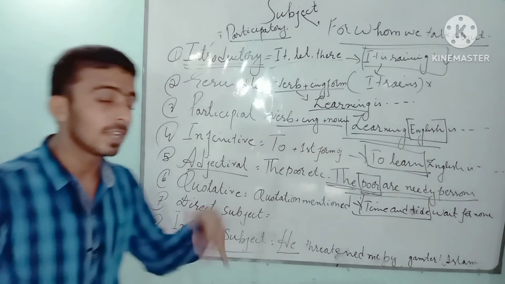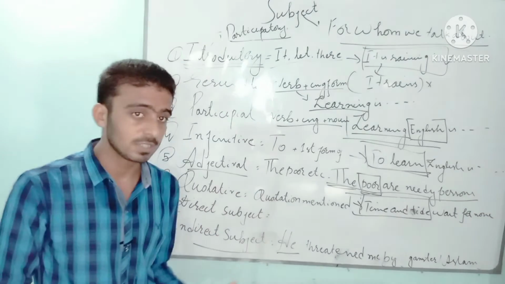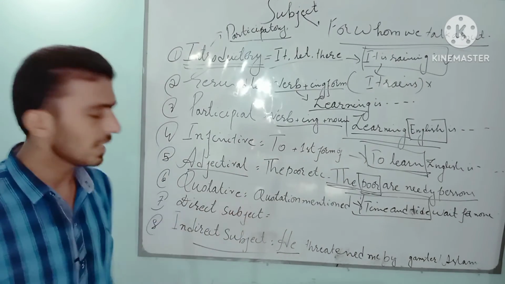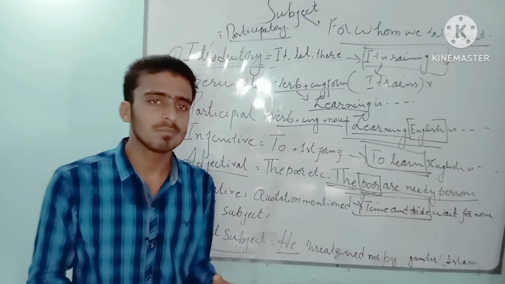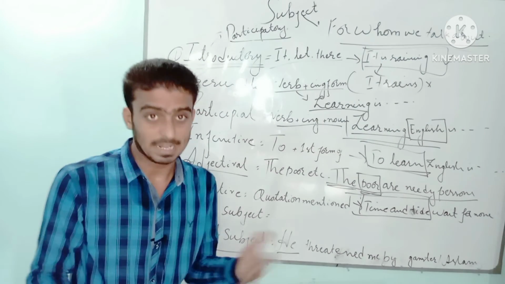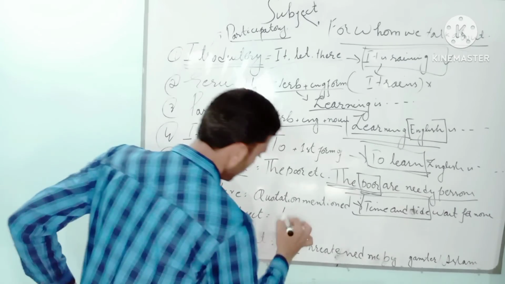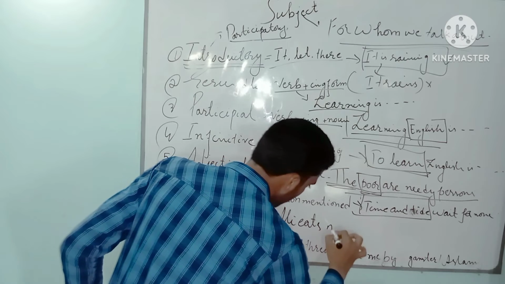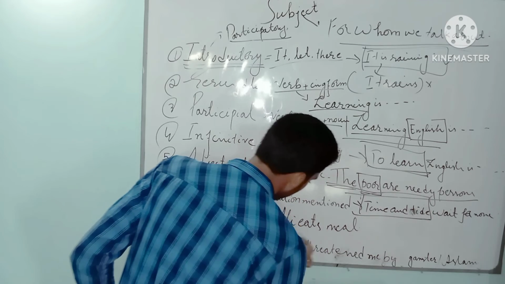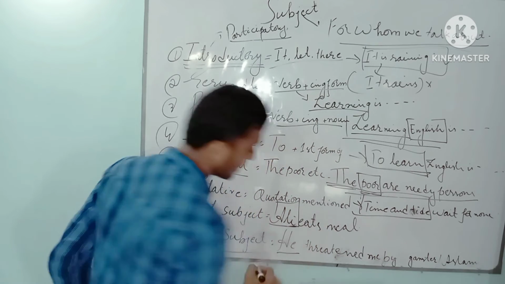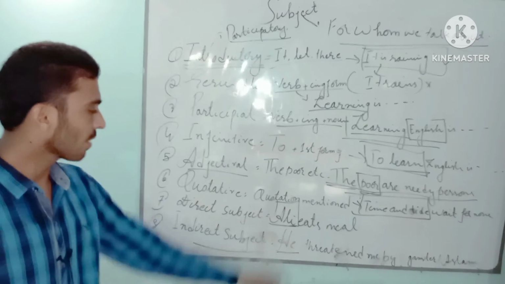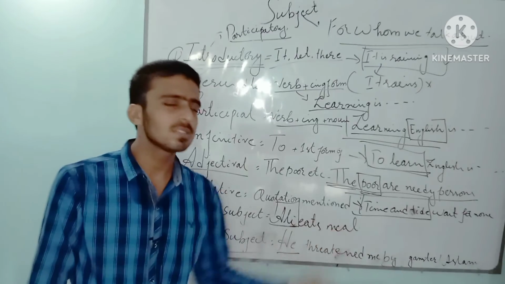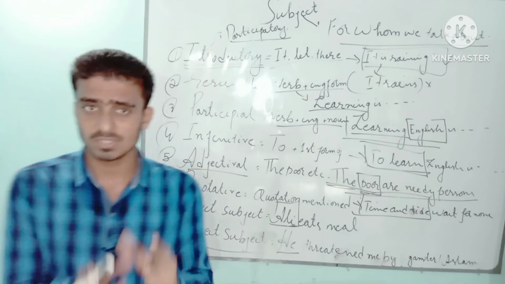And after that, what are the direct subject and the indirect subject? You might have learned about the indirect object and direct object, but here we are using the direct subject and indirect subject. If the subject does something directly, it is a direct subject. Suppose I say, "Ali eats meat." Here Ali is the direct subject because he is doing the action directly. The indirect subject is when the subject gets some action done by another subject, so two subjects are involved.